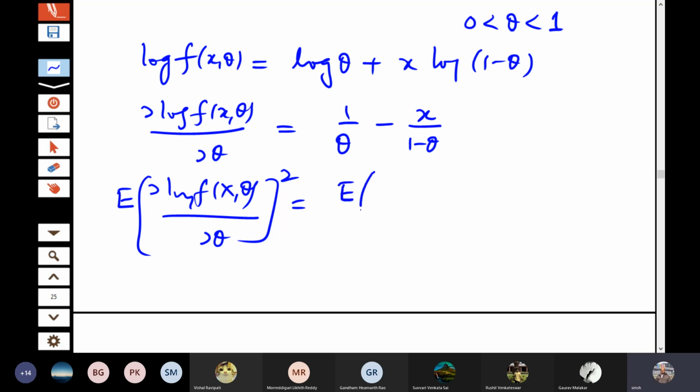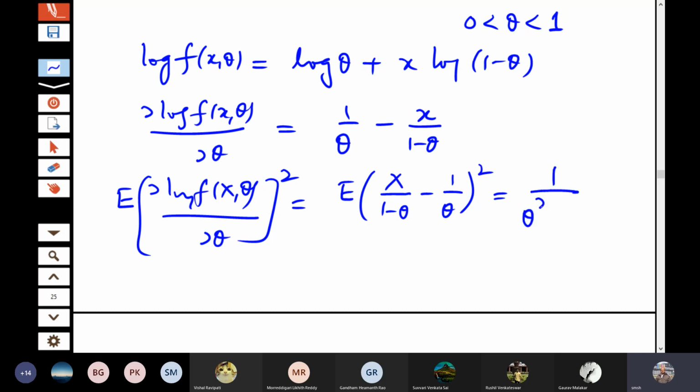So this will become variance of x divided by the square of the derivative of the mean, that is, 1 minus theta by theta, whole square, because here the mean was 1 minus theta by theta. Okay, so if you start from 1, then it is 1 by theta, and if you start from 0, then it is 1 minus theta by theta. So it is the variance of this divided by this square.